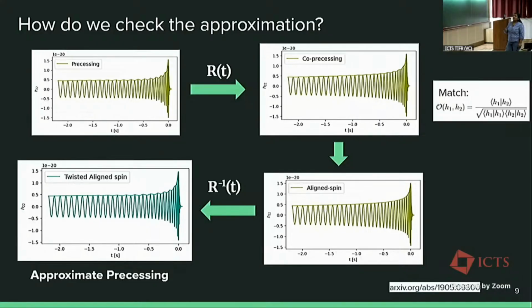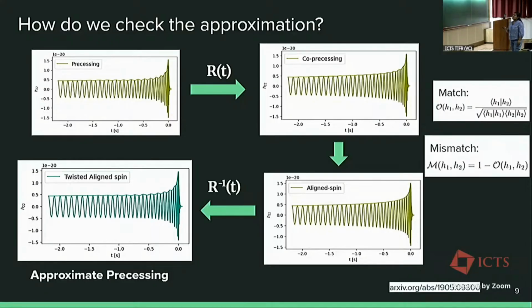So we calculate something called the match, which is a normalized inner product of two waveforms, that is, a noise-weighted inner product of two waveforms. And if you have the match, you can also calculate the mismatch. In the modeling for LIGO detectors, we say if two waveforms have a match of more than 97%, then we say they are identical.